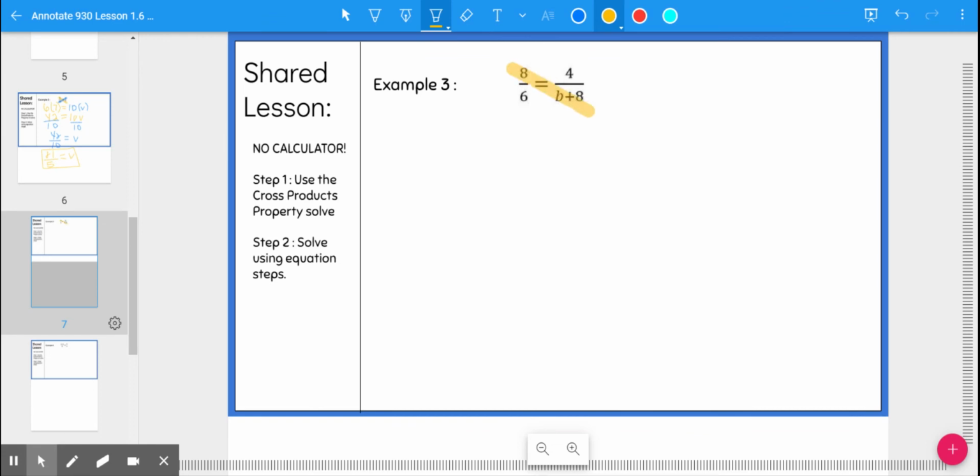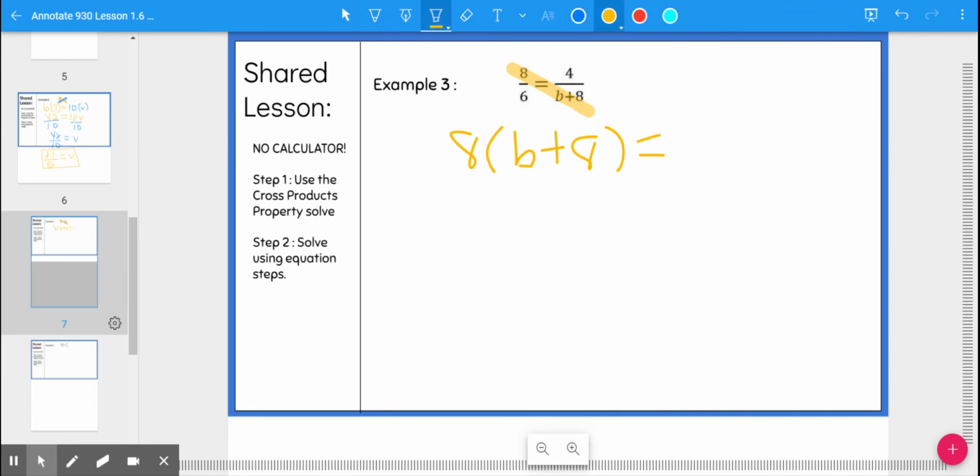So we have 8 times b plus 8. Now, when I write this out, it's really important that the b plus 8 is in parentheses, because that tells us that we are going to need to distribute first.